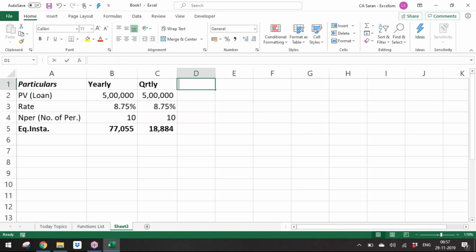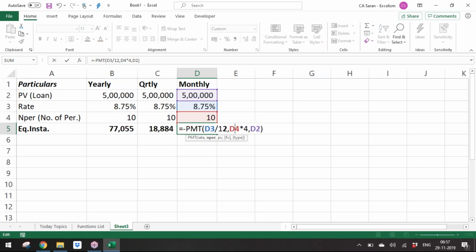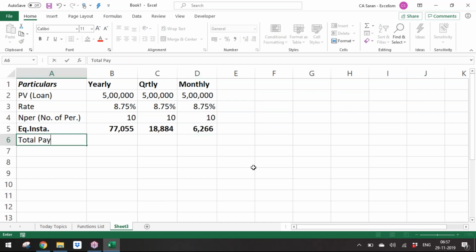Now, let's go into the monthly. Same thing. But what may change? Instead of divided by 4, it will be divided by 12. So into 12. This is the EMI. Now, if I ask you the total repayment, including the interest and principal, then how much?